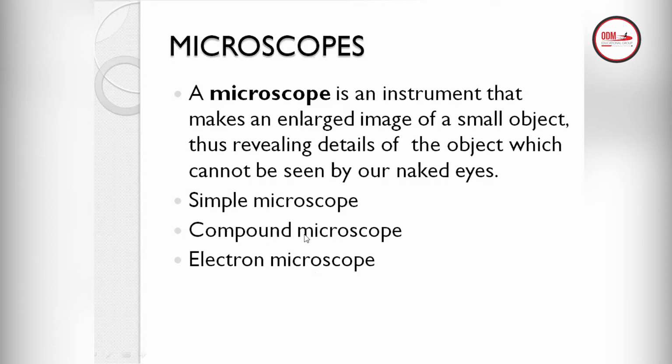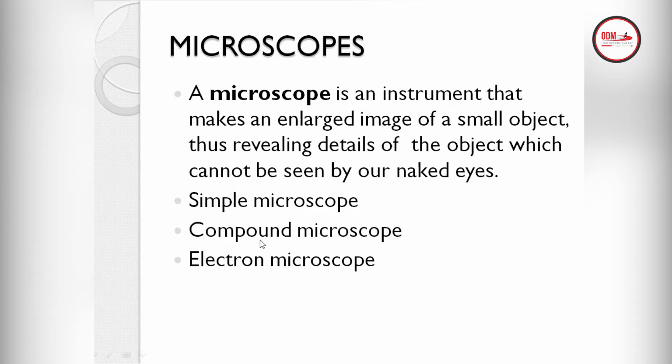We can see the enlarged image of the structure of a microscopic object with the help of a compound microscope. And if we want to see the smaller organelles and components of the object, we can use this electron microscope.